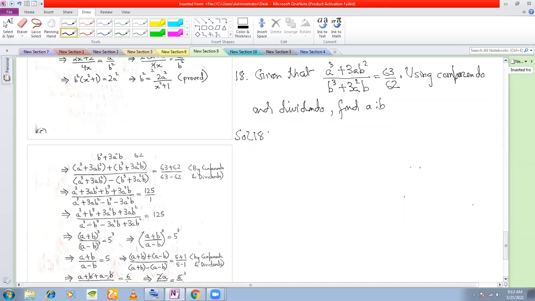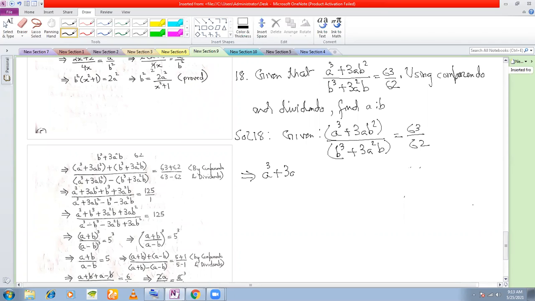You start again with what is given, a cube plus 3ab square divided by b cube plus 3a square b. Now see here, the numerator and denominator, they actually look like the terms of the expansion of a plus b and a minus b whole cube, right? So when we use componendo and dividendo, that is what we are going to get.